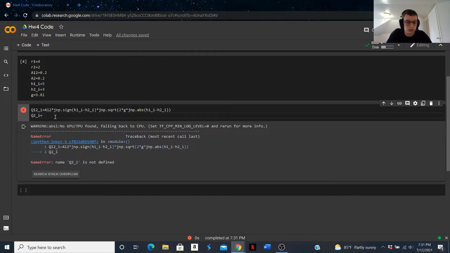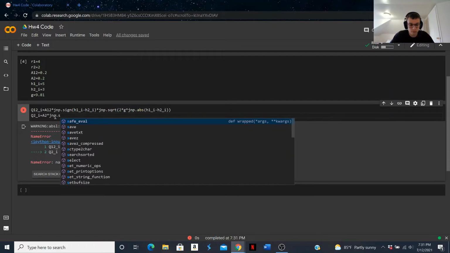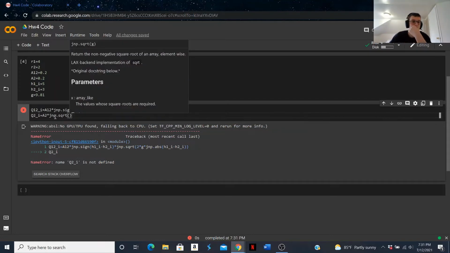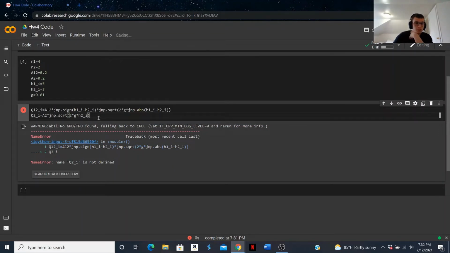Okay, our second equation is a little bit easier. We just take the area of the second pipe, and we multiply that by the square root of 2 times G times the initial height of the second one, which is H2I.